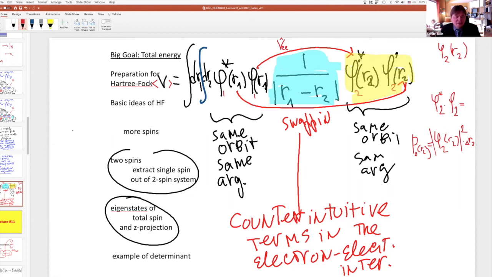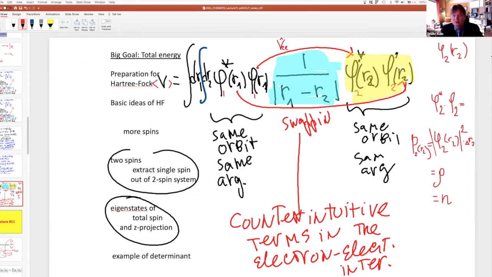So one can interpret this product also, instead of the letter P for probability, using the letter rho or letter N, and call it density. So it is the density of electron. Instead of the electron being probable to find here and there, one can say that the electron is not a point charge, but some flexible object that is spread over the space.